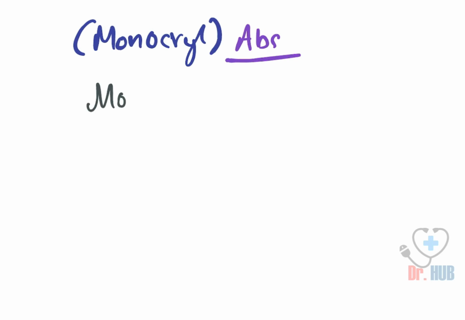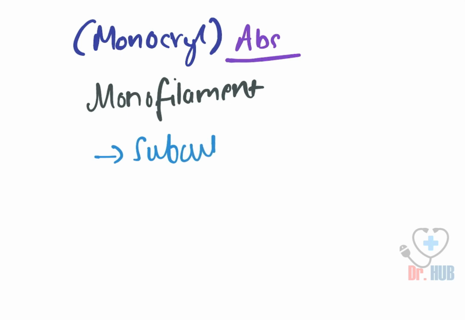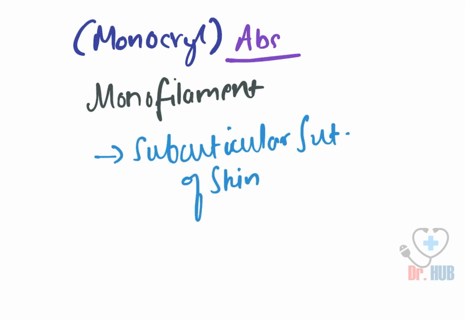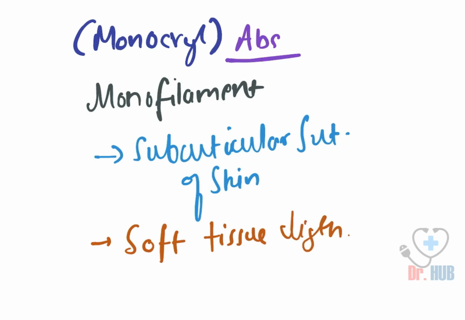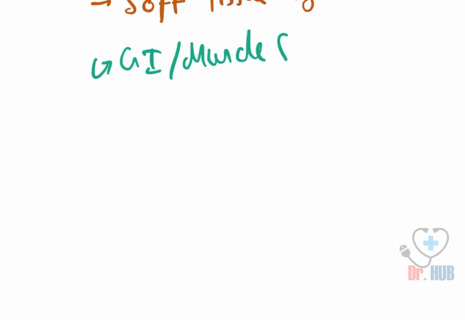It is a monofilament, and the polyglecaprone is used in subcuticular suturing of the skin. Next, it is also used in soft tissue ligation, as well as in GI, that is gastrointestinal, as well as muscle surgery.